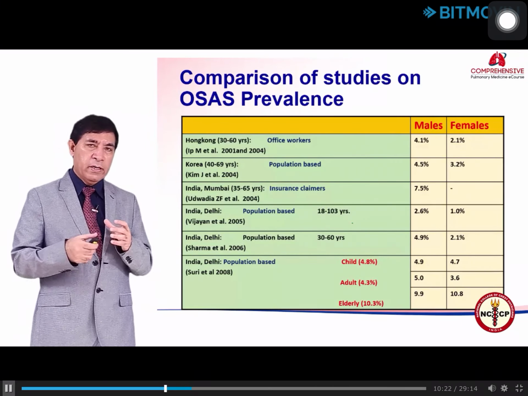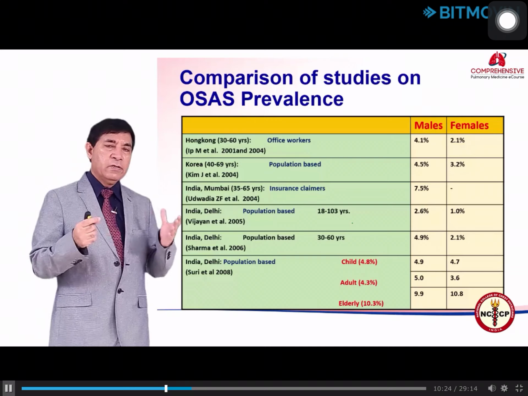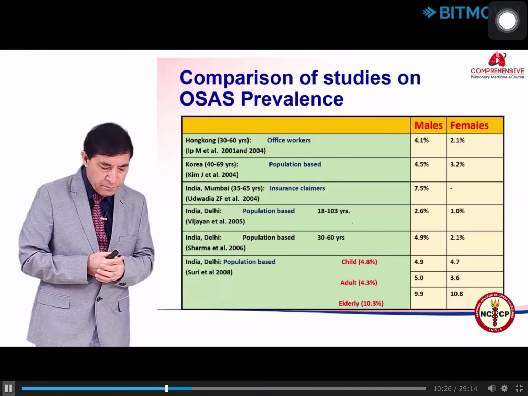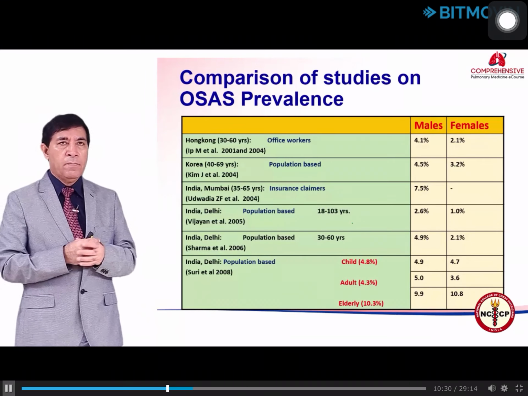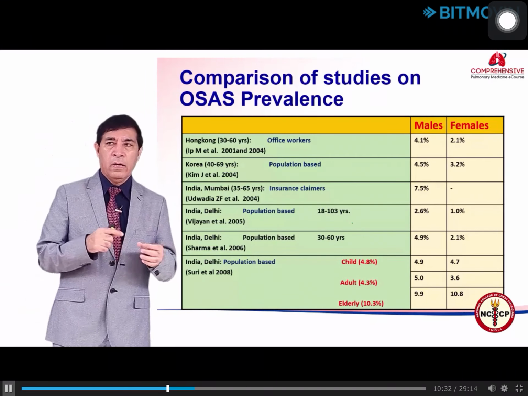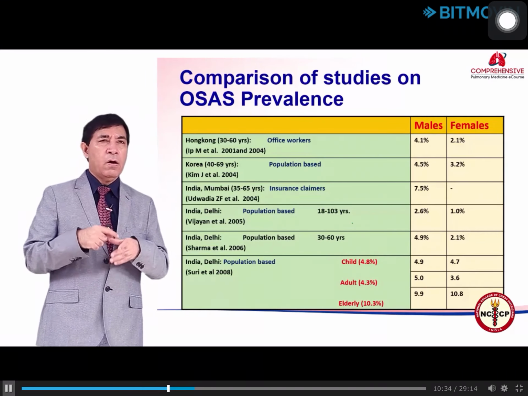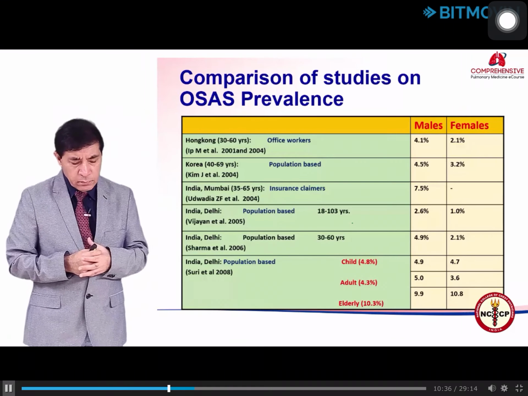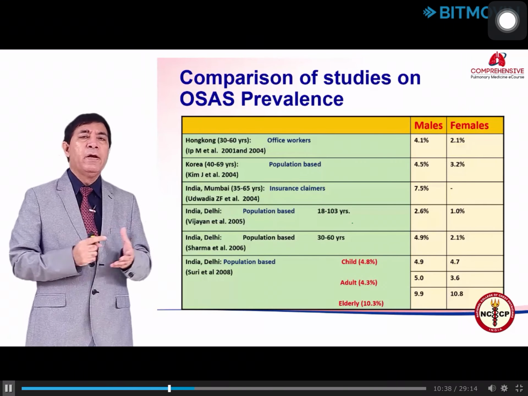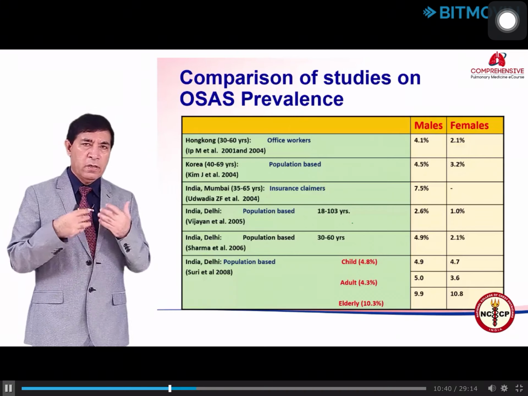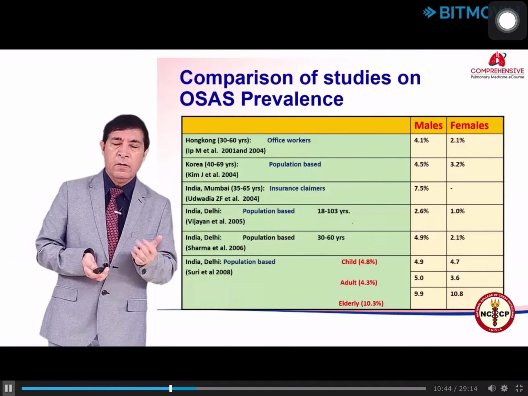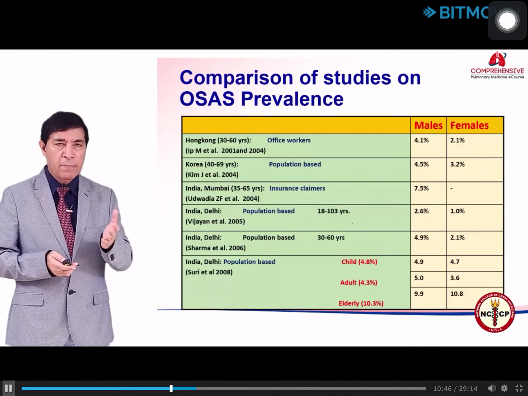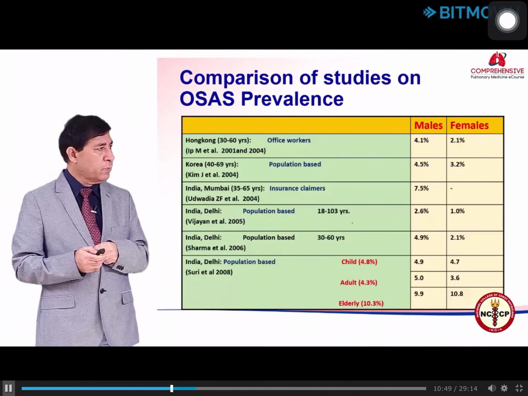So in the reproductive age group there is a significant difference between men and women. Maybe testosterone plays a role in the causation of the disease, or in ovulating women of childbearing age, the estrogen may be protective against developing obstructive sleep apnea syndrome.